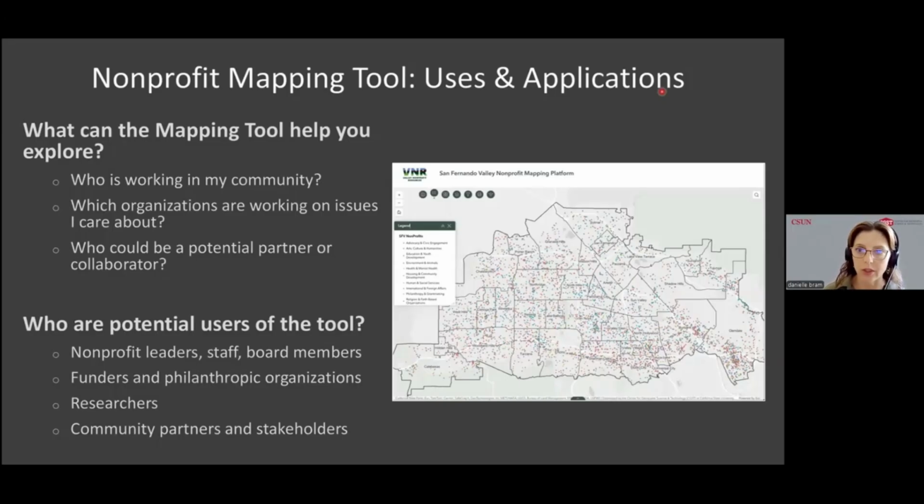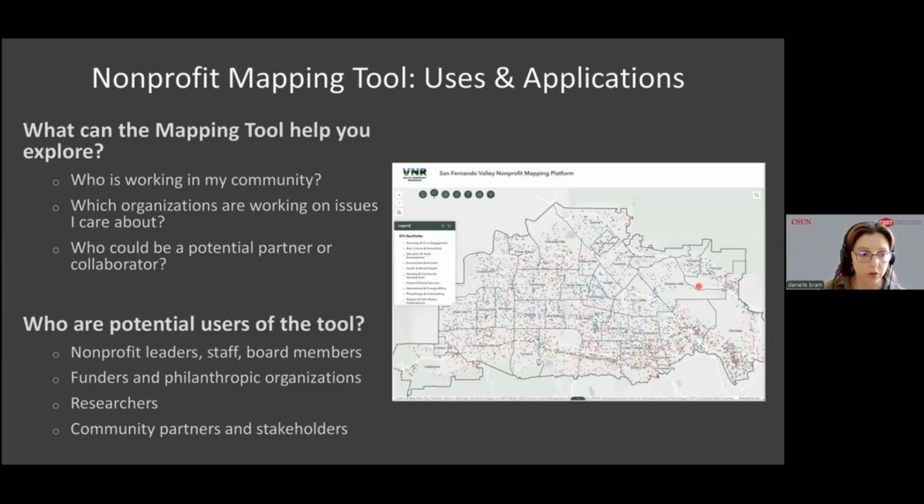I'm sure that's the question at the top of your mind as you think about what this tool can do for you. Some sample questions, and this isn't comprehensive, are: who is working in my community, who is working in my area, which organizations are working on issues that I care about, and who could be a potential partner or collaborator.